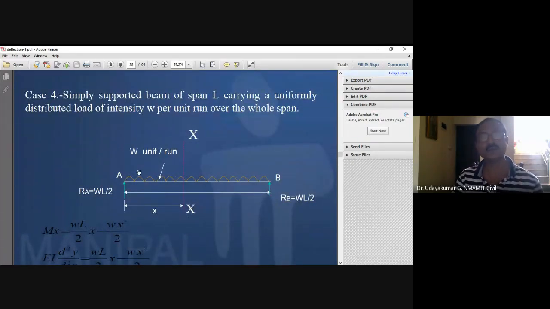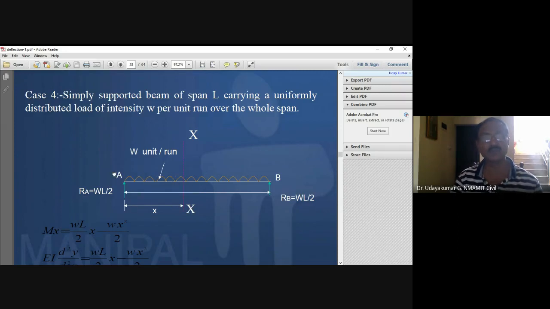Now, UDL omega per unit run. So the maximum bending moment, you know that omega L squared by 8 is the maximum bending moment at the center. Now, very similar to the previous one, take a section and find out the bending moment at the section.